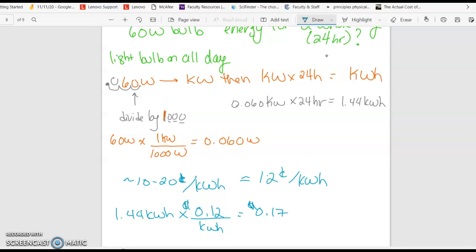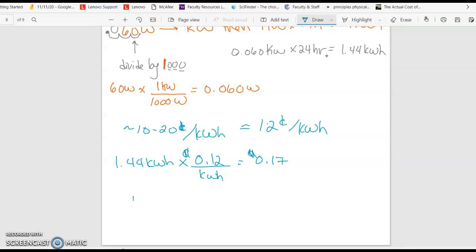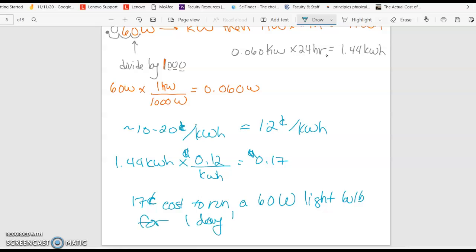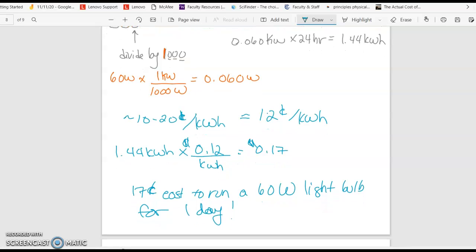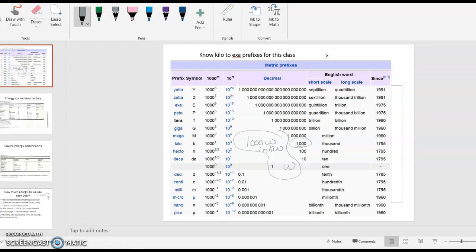In other words, it will cost 17 cents to run a 60 watt light bulb for 1 day. All right, so hopefully that helps some in your daily life. I promise you'll use this someday, if not in my class.